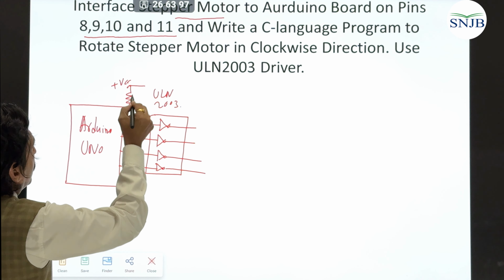Now after a delay of, suppose, 50 milliseconds, we copy this content as it is: digital write 8 to low and 9 to high, 10 and 11 to low.